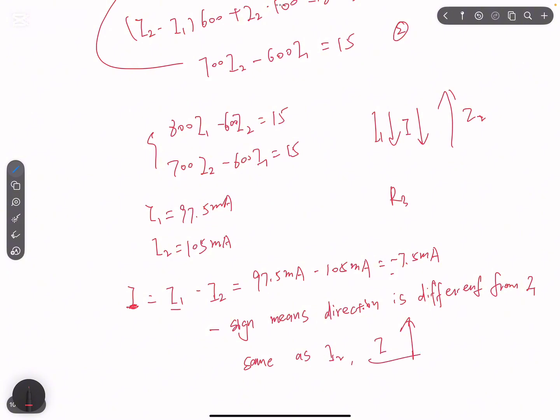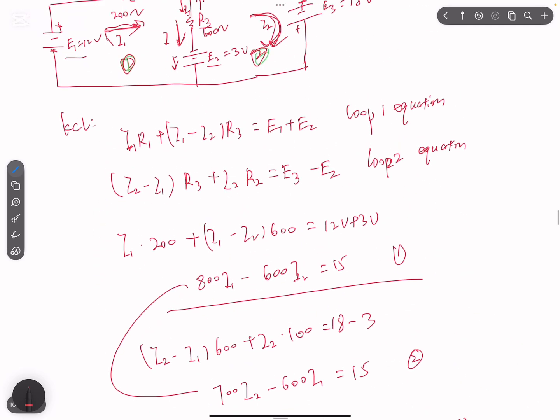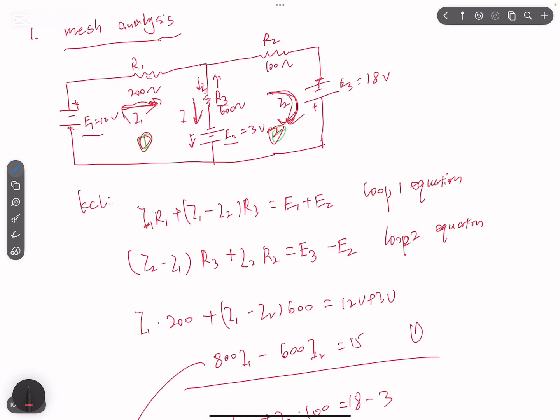So this is how we use mesh analysis to do the circuit analysis. We determine how many loops we need, then define our currents, I1, I2, based on the number of loops. If we have 2 loops, we need to solve for 2 currents. If we have 3 loops, we need to solve for 3 currents. Then after we get the current for each loop, we can get the total current that flows through R3.